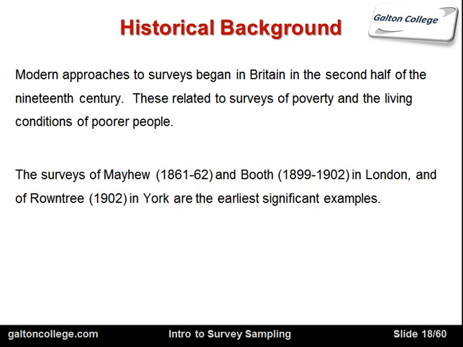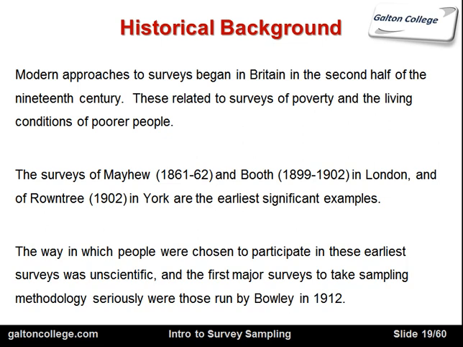The surveys of Mayhew in 1861 and Booth in 1899 into the 1900s in London, and Rowntree in 1902 in York, are the earliest significant examples of surveys. So they go back quite some time.